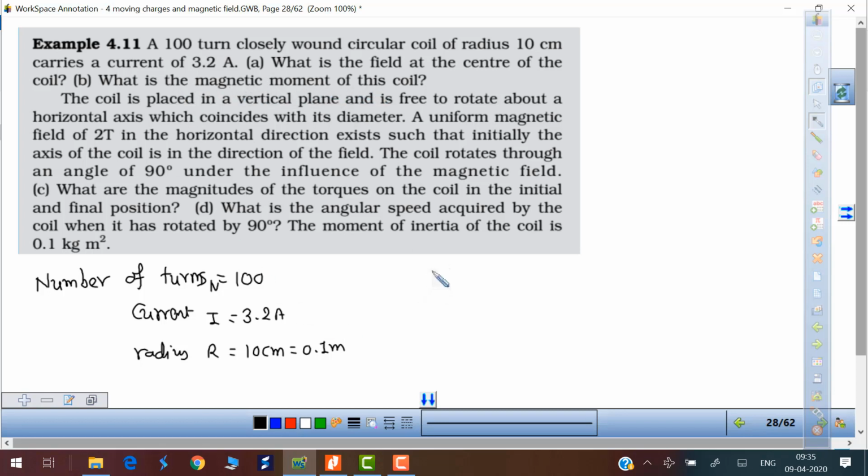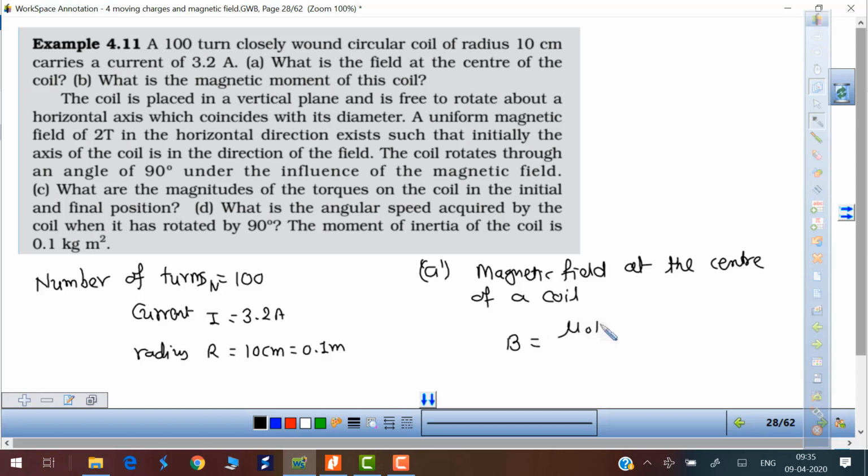So first I say A. So the magnetic field at the center of a coil, B equal to mu 0 N I upon 2R.